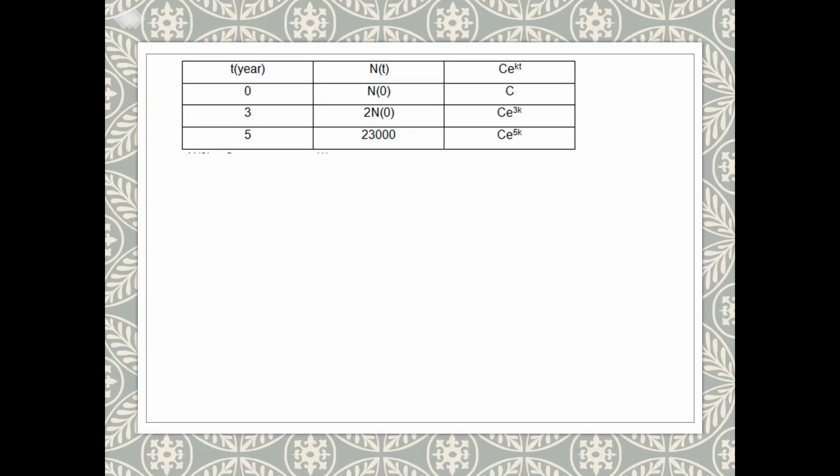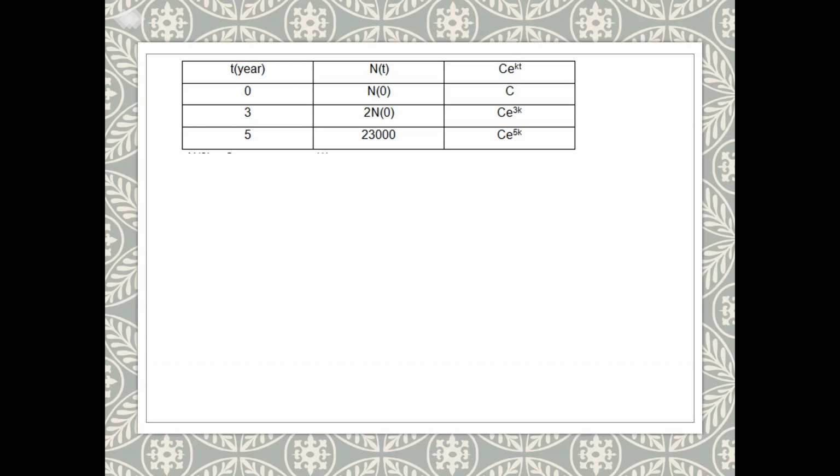Next, put all the given information in the following table. The first column is referred to the t, which is in years. The second column is referred to the N(t), and the last column is referred to the formula C e to the power of kt. Always start with t equal to 0.